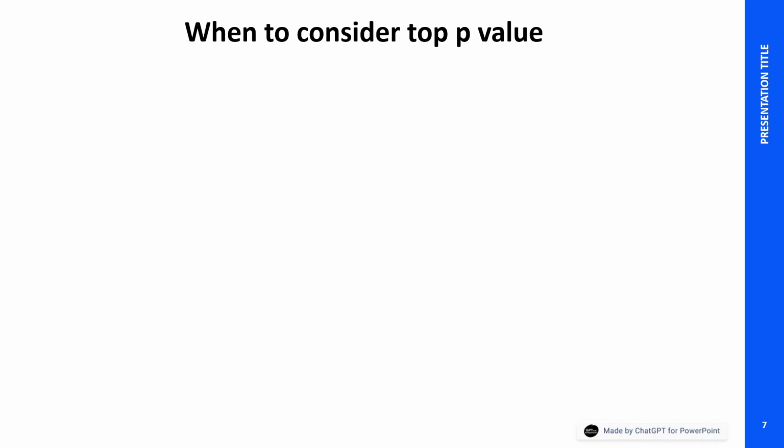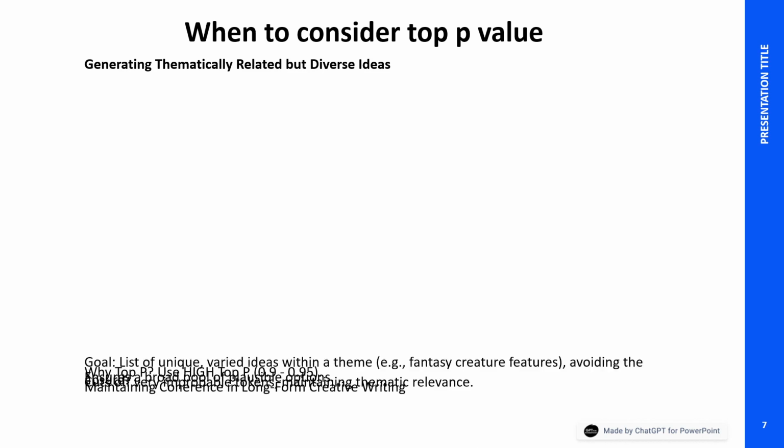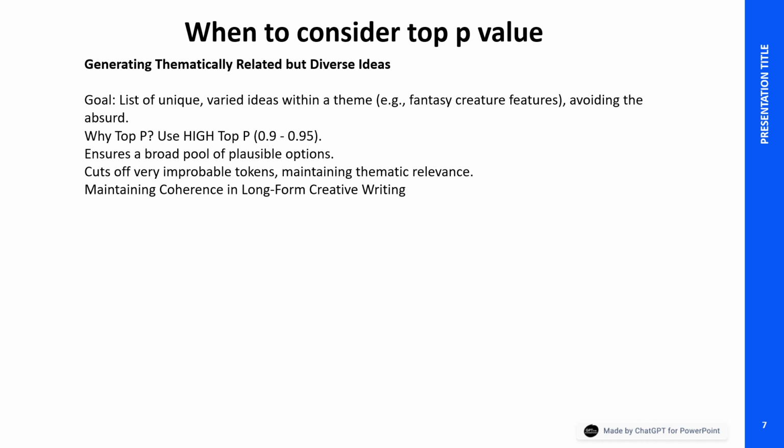But if you want to consider only top P, what could be the scenarios? The first scenario is generating thematically related but diverse ideas. For example, you have to generate a list of unique, varied ideas within a theme, like fantasy creature features, avoiding the absurd, right? Why use top P? Because high top P ensures a broad pool of plausible options.